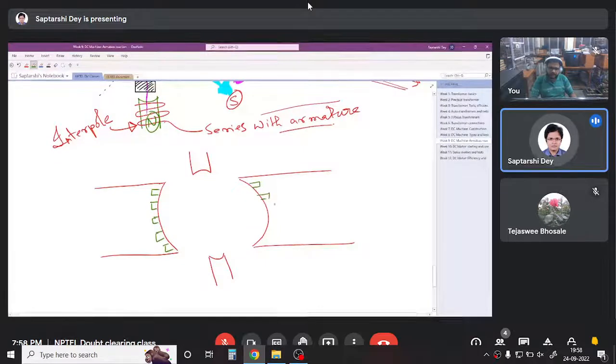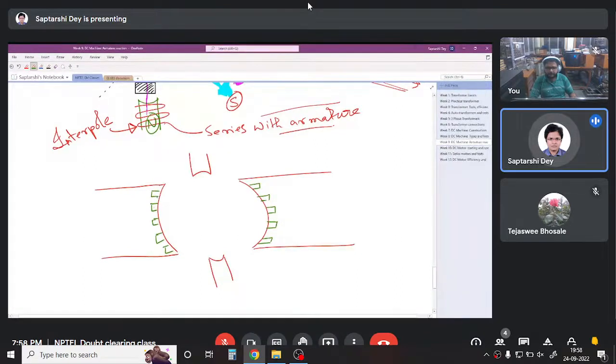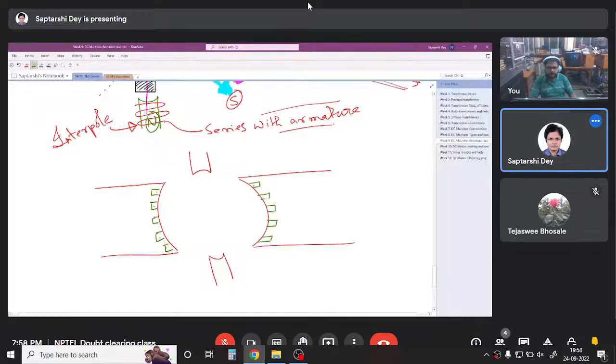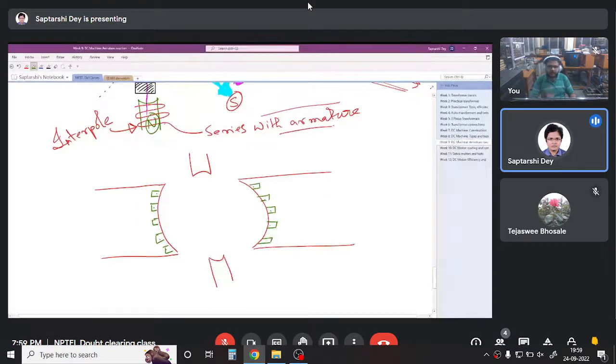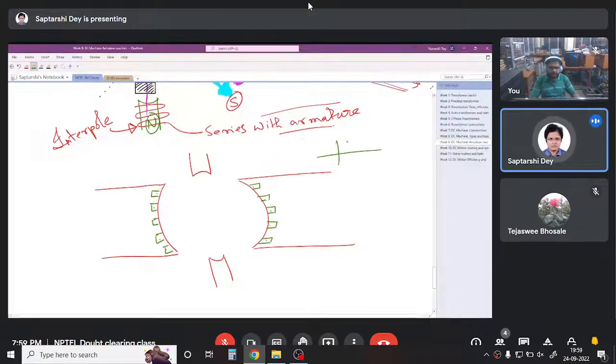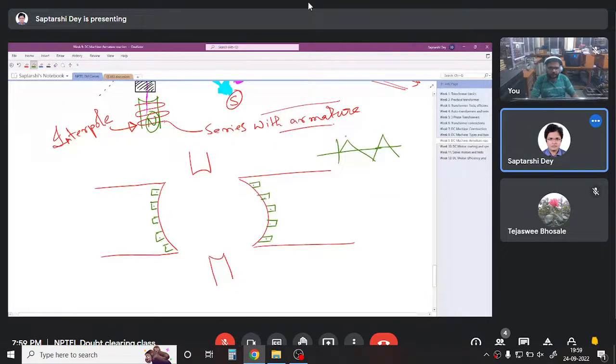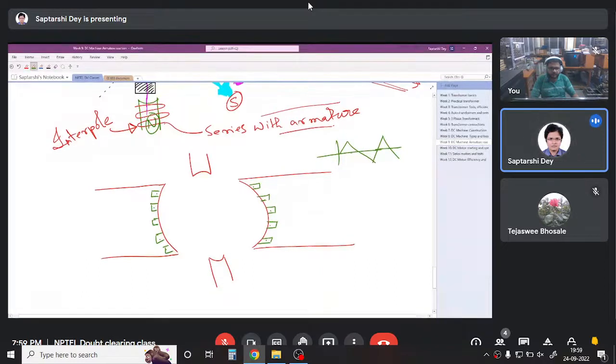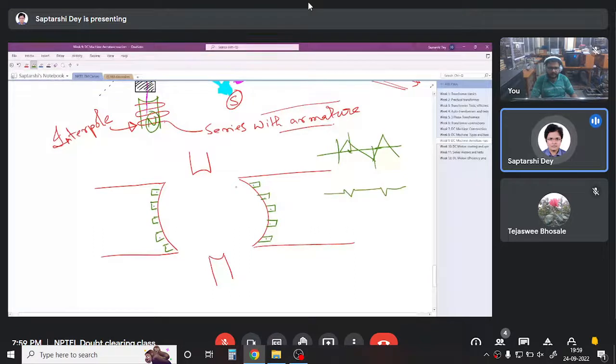Compensating windings are also in series. So slots are made on the pole face, and compensating windings are put here. They are energized in such a fashion that my target is to make the armature flux 0 in the air gap. So they are put in such a fashion that they reduce it, so that we have a very small resultant armature flux in the air gap. And we have mostly the field flux in it.